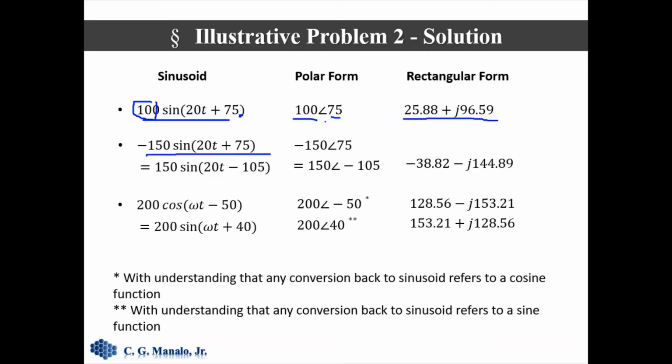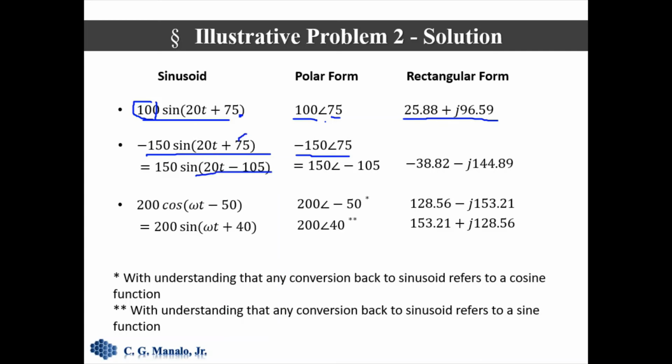Now for the second sinusoid, we can write it immediately as this one in polar form, bringing in the negative sign there. We could also get rid of the negative sign by, say, adding 180 degrees to 75, and that should give us this one.